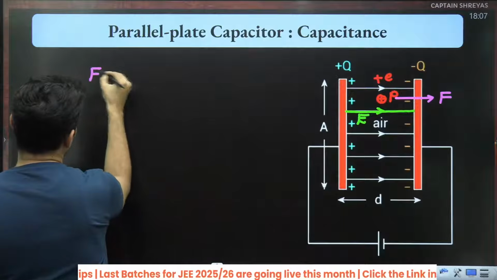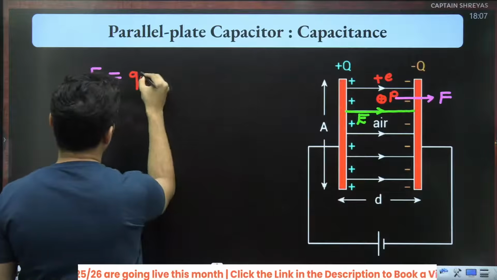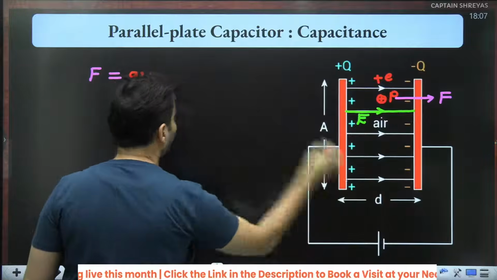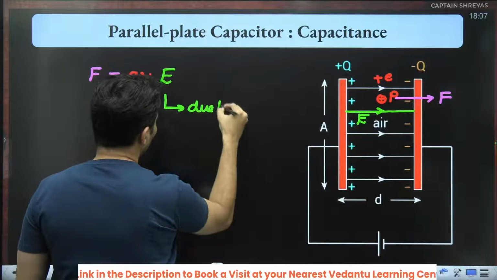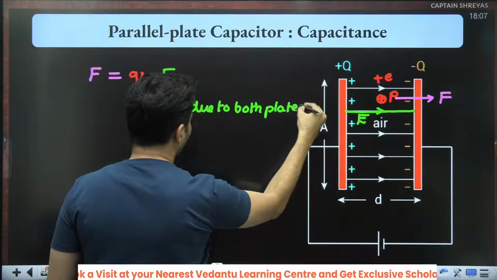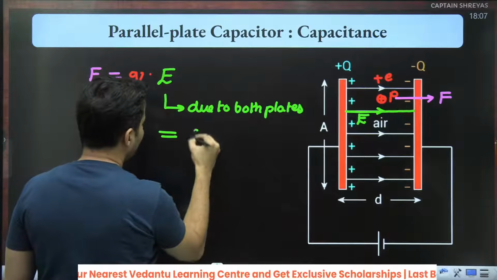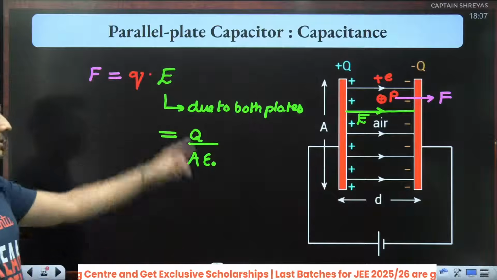So hence the force will be whatever is the charge on that particular particle multiplied by the electric field. This is due to both the plates. Due to both the plates, that means it must be Q by A epsilon naught. Keep this in mind.